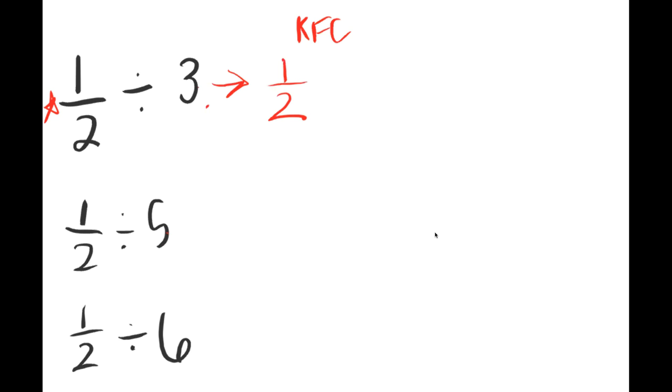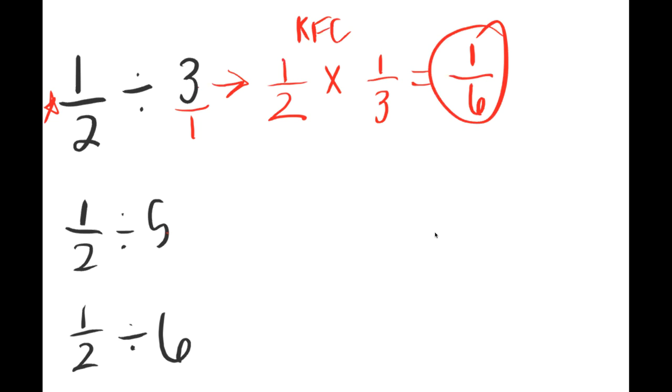We're going to put our whole number over 1 and flip it. So it's now going to be 1 over 3 instead of 3 over 1. And we're going to change our division sign to multiplication. Then solve across. 1 times 1 is 1. All over. 2 times 3 is 6. And that's your answer. You only have to simplify at the end.